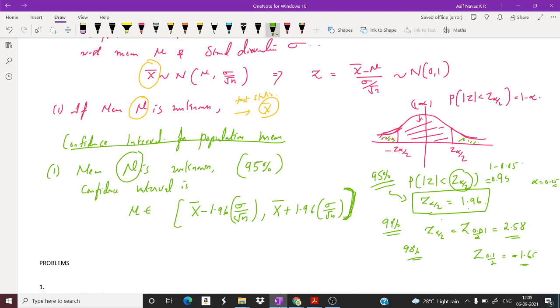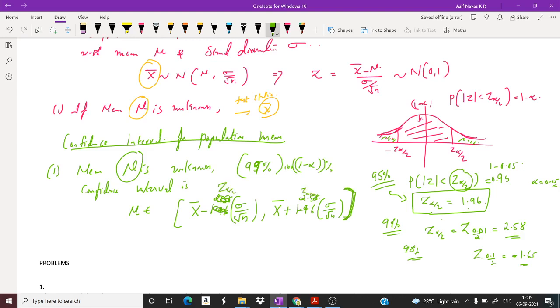If we want to calculate at 99 percentage, this value is 2.58, or in general, for a 100 into (1 minus alpha) percentage confidence interval, it is z alpha by 2.